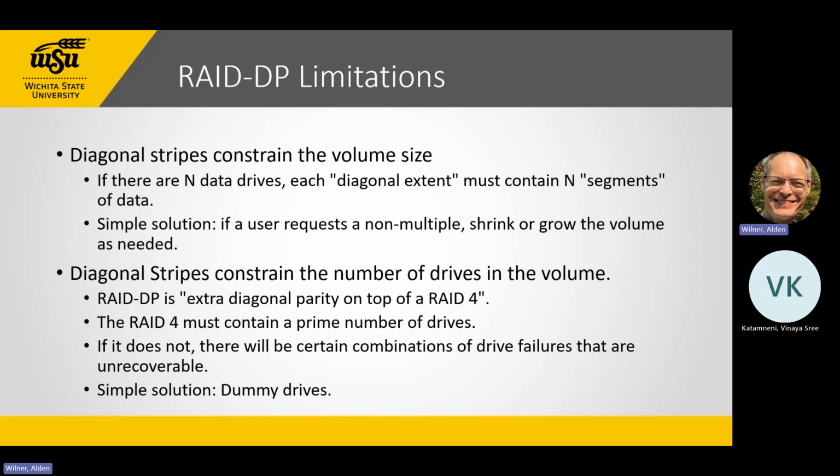You could have 5 drives, 7 drives, and so on, but you cannot have a 9 drive wide RAID DP, because that would be an 8 drive wide RAID 4 underlying it, and 8 is not a prime number, right? So there are certain combinations of drive failures that you're not able to recover. The simple solution to that, we'll say, is dummy drives, right?